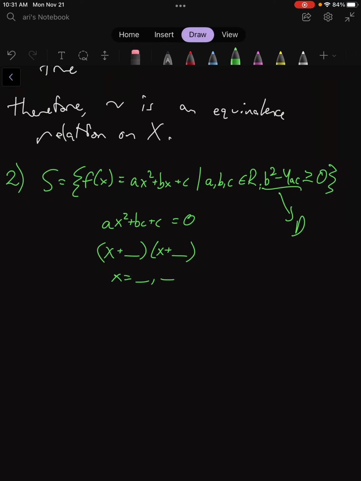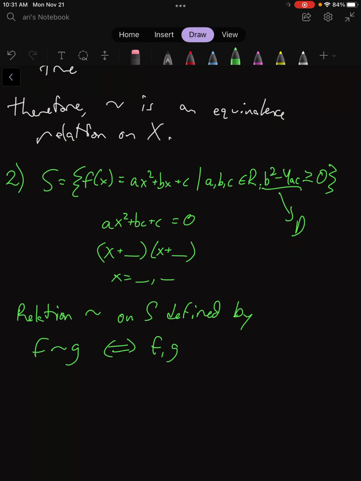So what this problem is saying is, okay, and then we have relation tilde on S defined by f tilde g if and only if f and g have the same zeros.